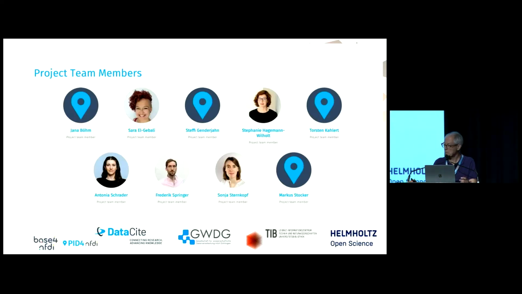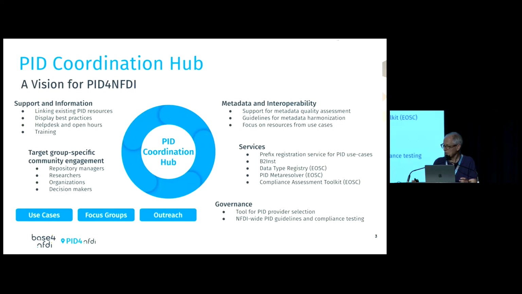And this is the team. Sara's there. This is the PID coordination hub. This is a bit of a busy slide, but the PID coordination hub is built as a central entry point for anyone in the NFDI.